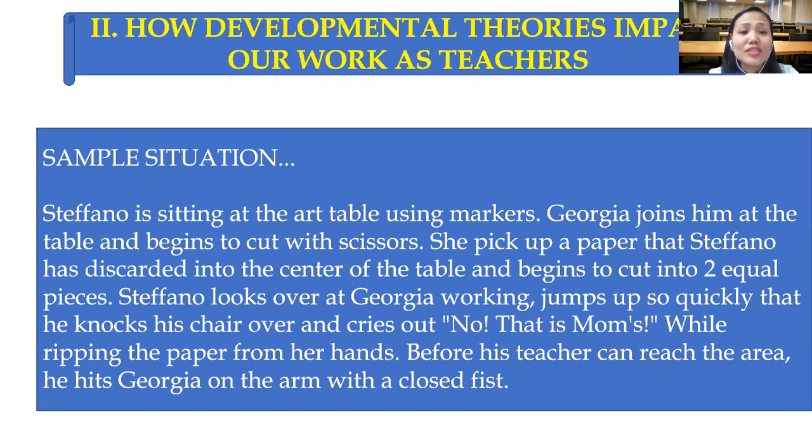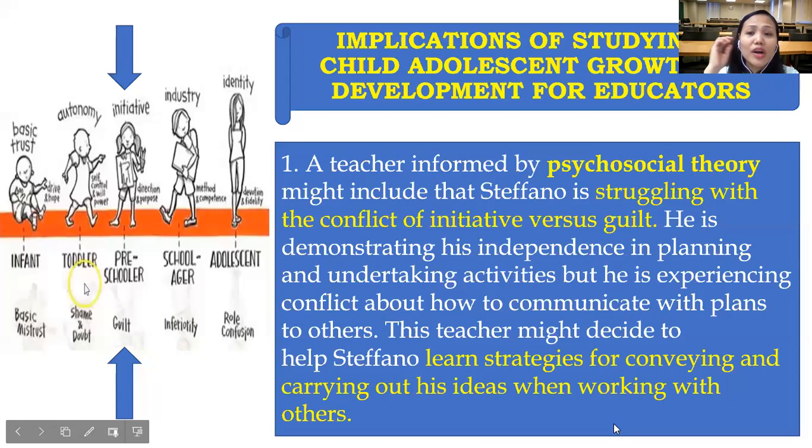So from this scenario, there are multiple perspectives that can be used to interpret Stefano's behavior. And each theory leads us to a different way to resolve the situation. For example, a teacher informed by psychosocial theory might conclude that Stefano is struggling with the conflict of initiative versus guilt.